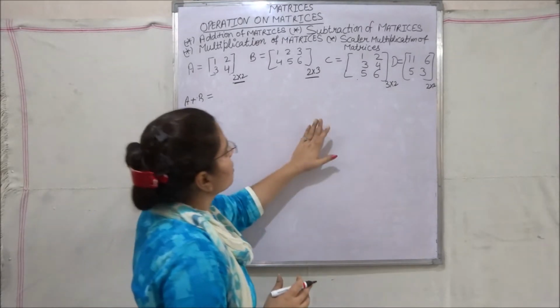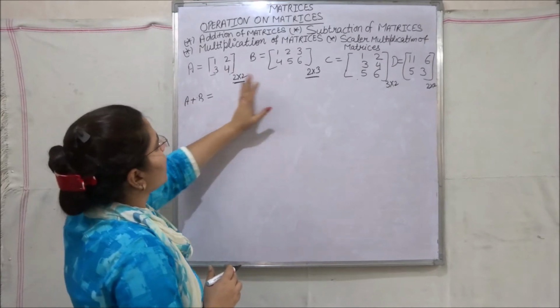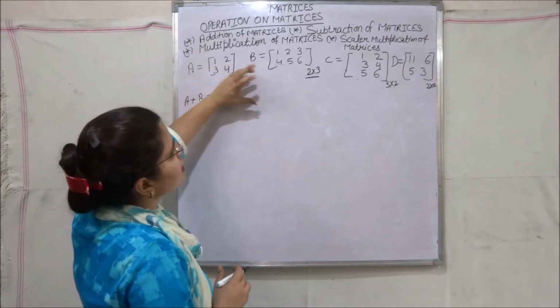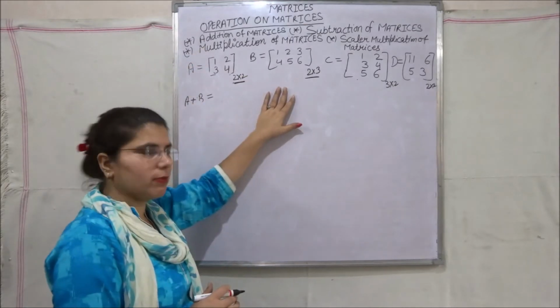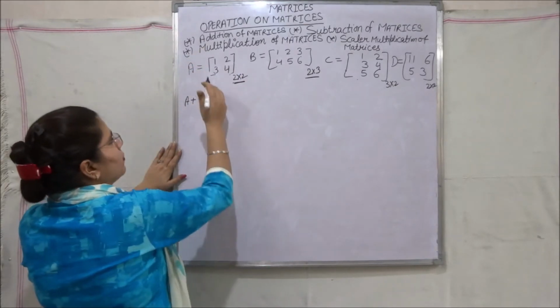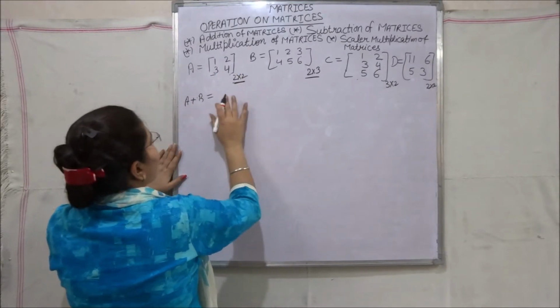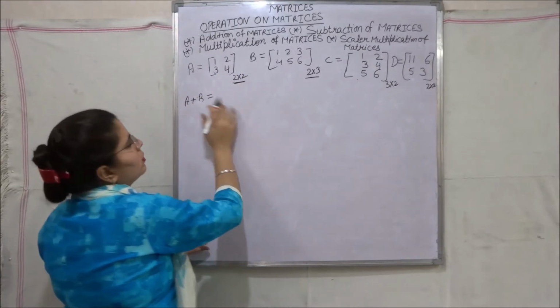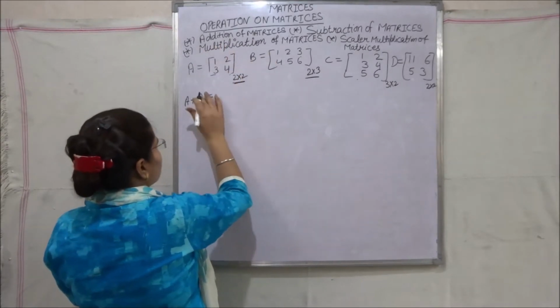In subtraction also, matrices must be of the same order with corresponding elements present, then subtraction is possible. So addition and subtraction of matrices have the same rules. First of all we will perform the addition of matrices.